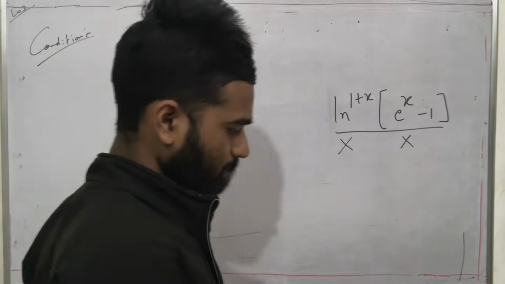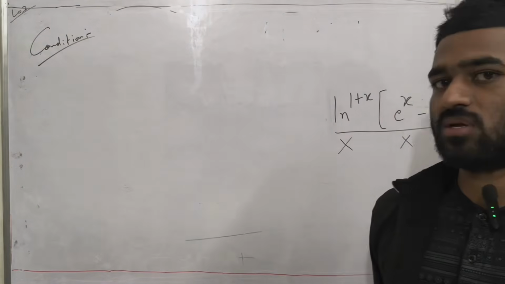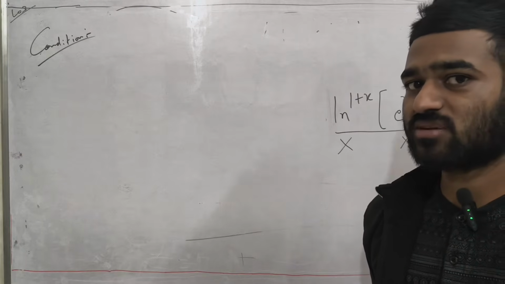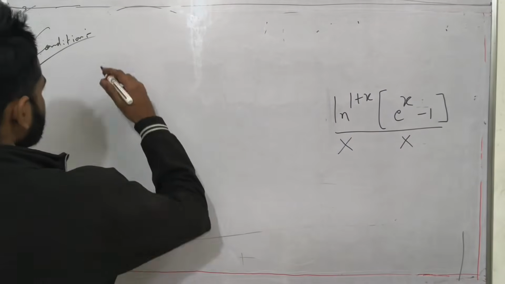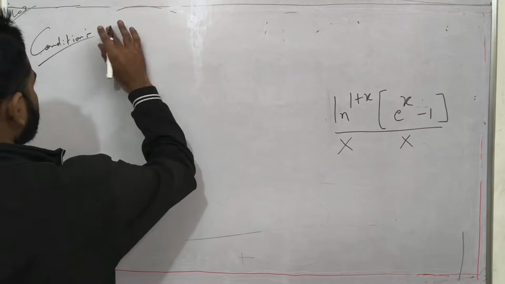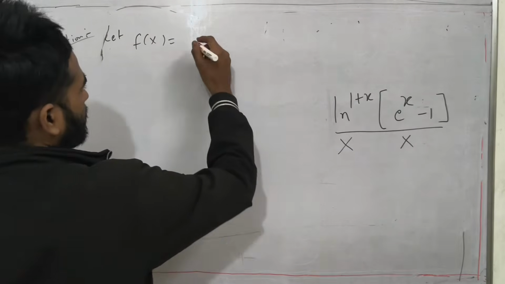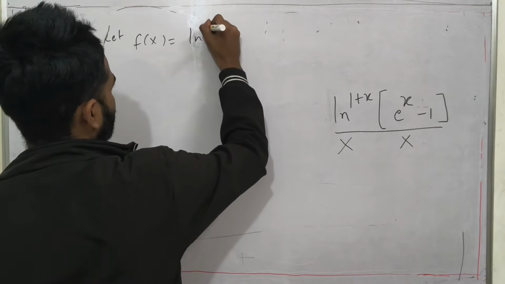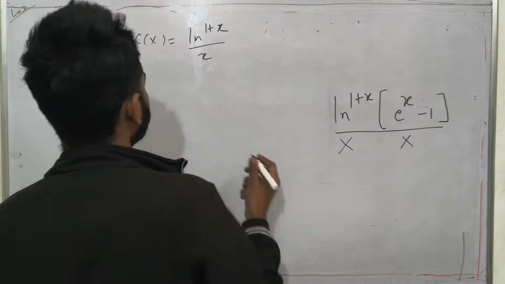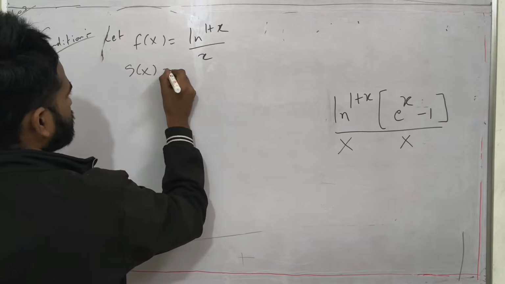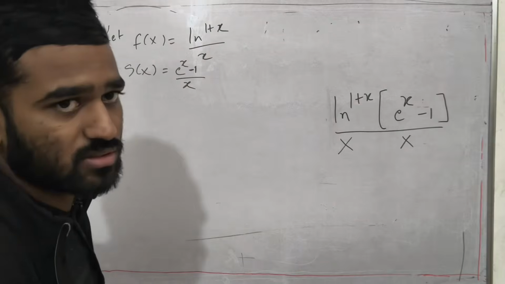Our condition is, for using these rules, both limits, limit x tends to a of f of x and limit x tends to a of g of x, must exist. Okay, I assume let f of x equal ln of 1 plus x by x, and g of x equals e power x minus 1 by x. ठीक है, समझ में आ रहा है?